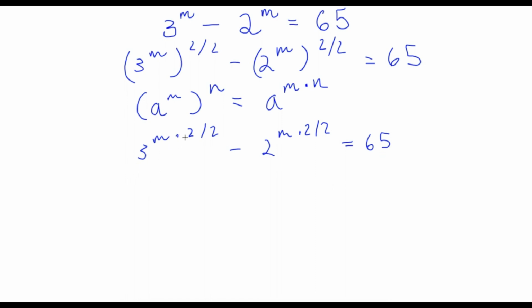Now, 2 over 2 is the same thing as 1 over 2 times 2. So I'm going to rewrite 2 over 2 as 1 over 2 times 2 for both of them. And remember, if we have something in the form a to the power of m times n, this is equal to a to the power of m to the power of n, right?